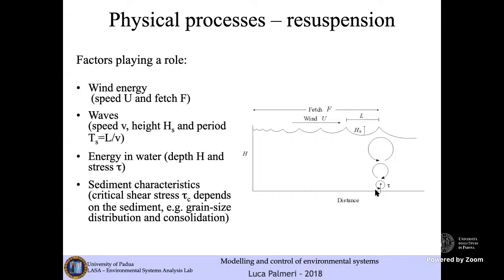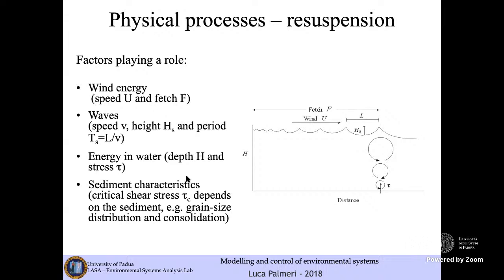Shear stress depends, of course, on the depth and on the characteristics of the water body, but the quantity of material that is moved from the sediment onto the water column depends on the sediment characteristics.